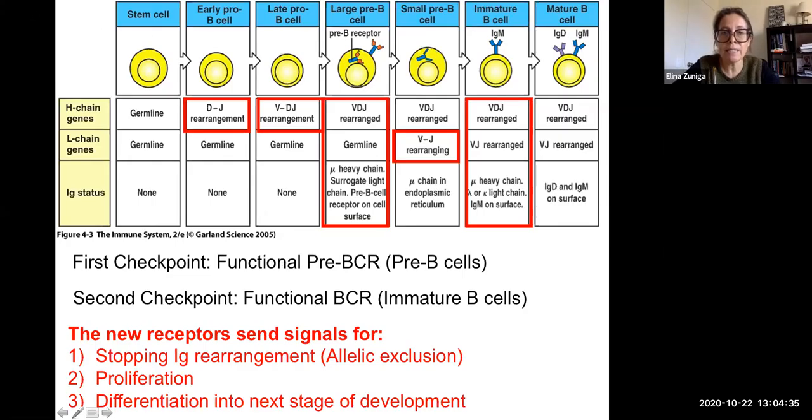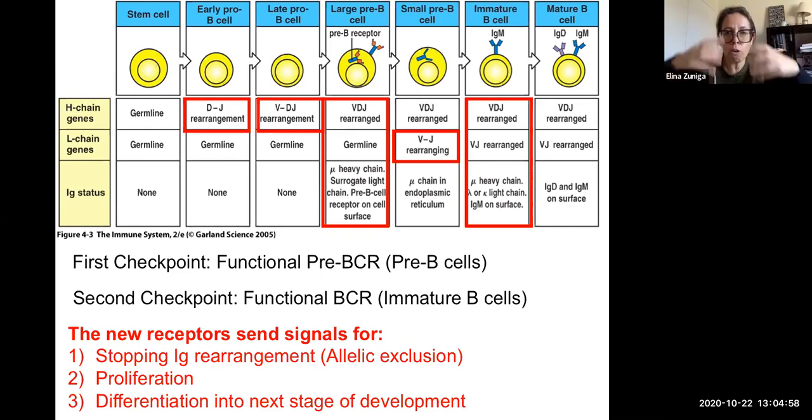pro-B cell has generated a functional pre-BCR, then that's news, and basically there was a lot of energy put on that. This is a success, right?